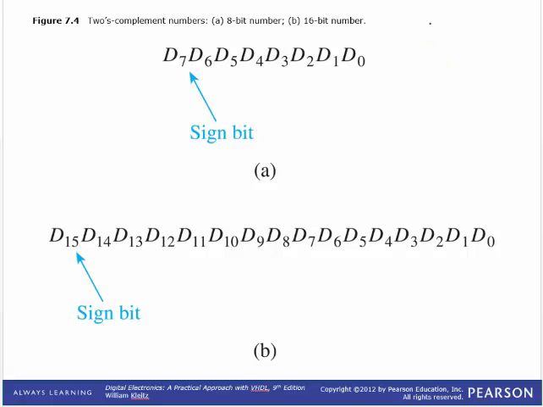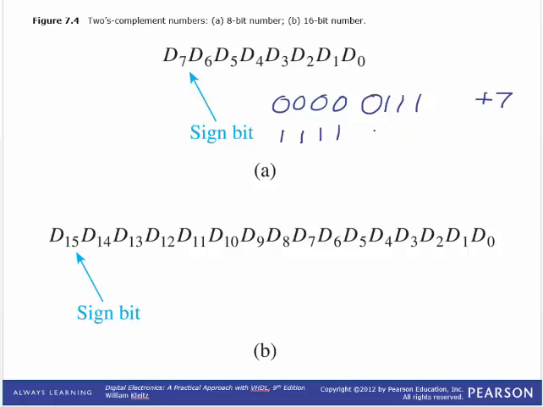So let me show you how you make a 2's complement number. If I have the number 7, I'll do it in 8 bits. Here's the number 7. This is a positive 7. If I want the number negative 7, I'm going to complement all the bits.